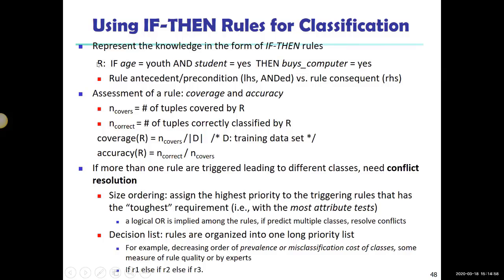So this is one if-then rule. A rule-based system could have many if-then rules, and those rules can be just enumerated one by one. They could also be prioritized and formatted as a decision list, as mentioned here.